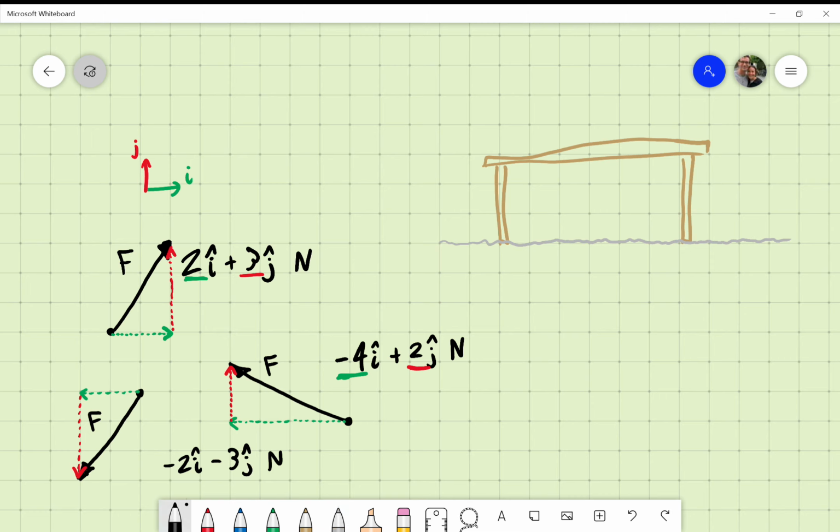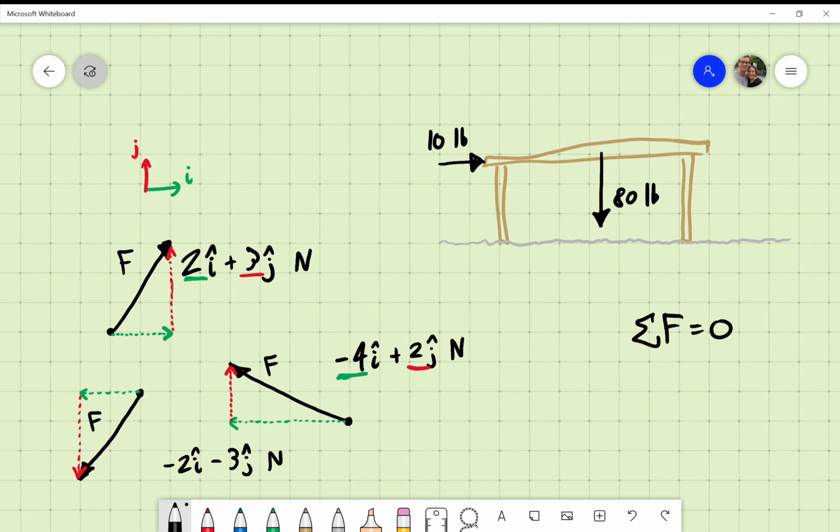We don't want furniture to be moving, so we are generally dealing with the fact that sum of all forces equals 0. Now this table has a weight force of 80 pounds.